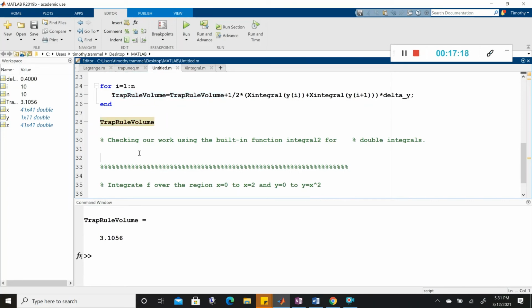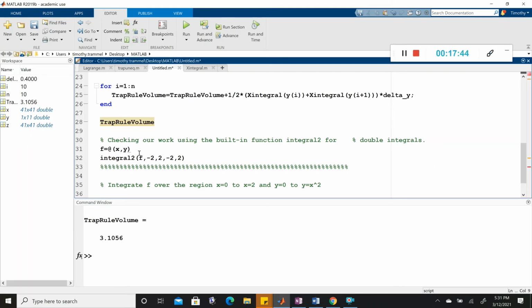Let's compare this with MATLAB's built-in integral function for double integrals. It's integral2, and you type in your function, which we'll need to define here in a minute, and then we want to go -2 to 2 in the x and -2 to 2 in the y. All I need to do is say what the function is.